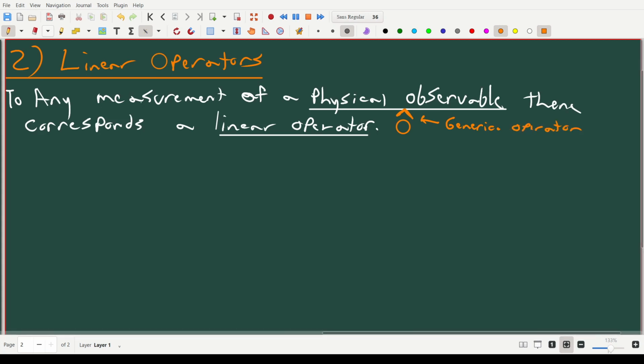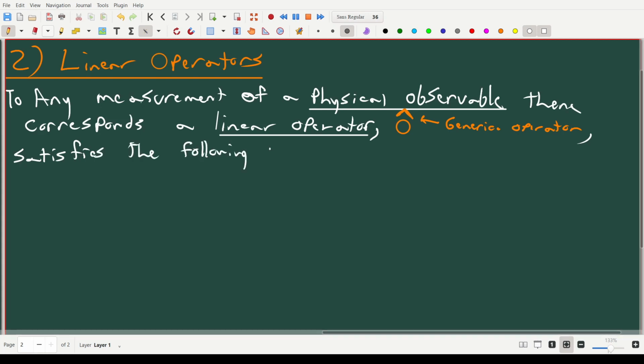And that satisfies the following properties. Okay, so here's what the property is for a linear operator.